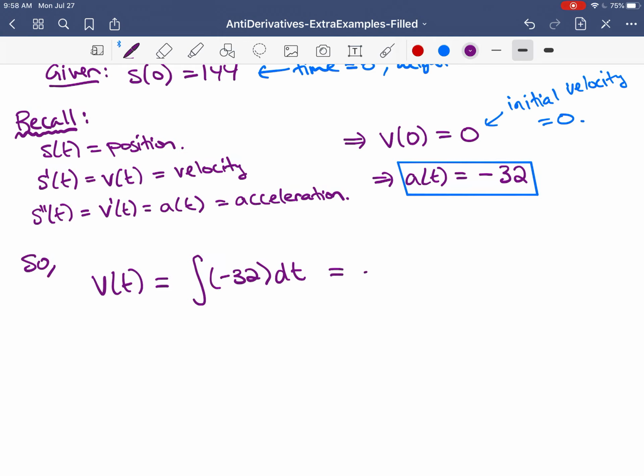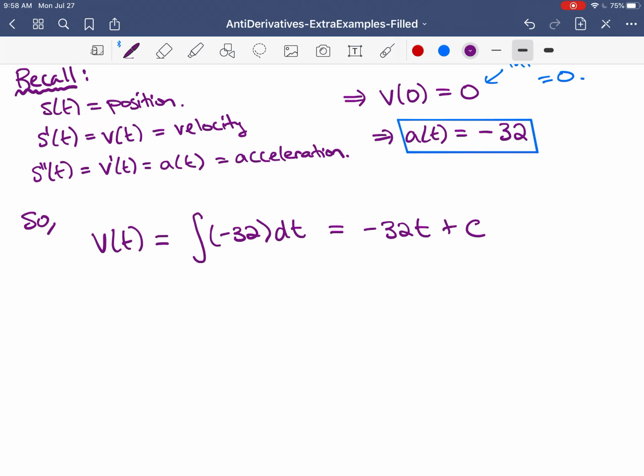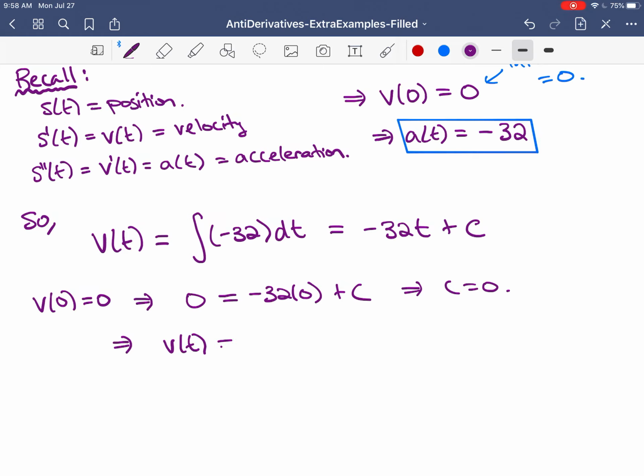So that's going to be negative 32t plus our constant. But we know that v of 0 equals 0, so if I plug in t equals 0, I should get a velocity of 0. And this is going to tell me that c is actually 0. So now I know that the velocity, v of t, is just negative 32t.